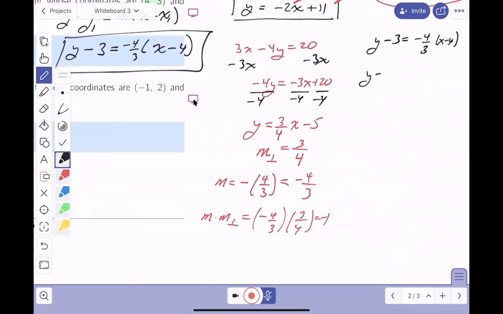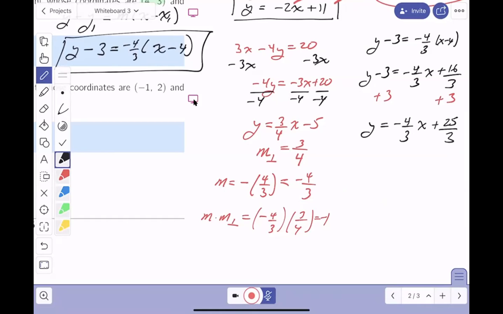So it's y minus 3 equals minus 4/3 of an x plus 16/3. Right, a little complicated. I'm going to add 3 to both sides. I know that seems strange to you, but we're going to do that. So you're going to get y equals minus 4/3 of an x, and 16/3 plus 3/3 is going to be 25/3.